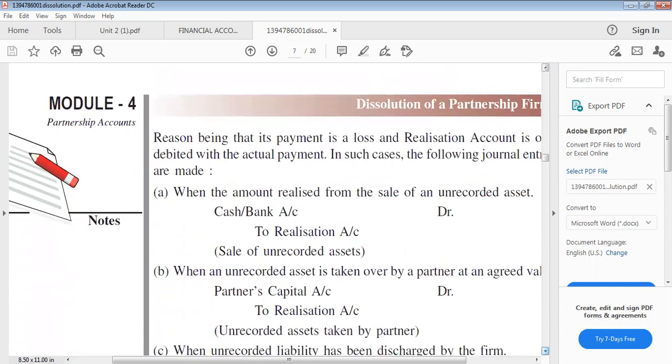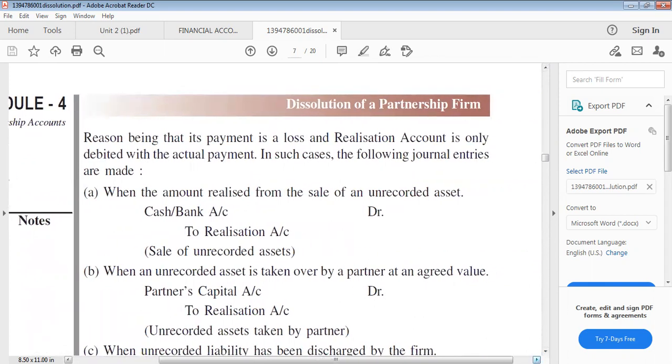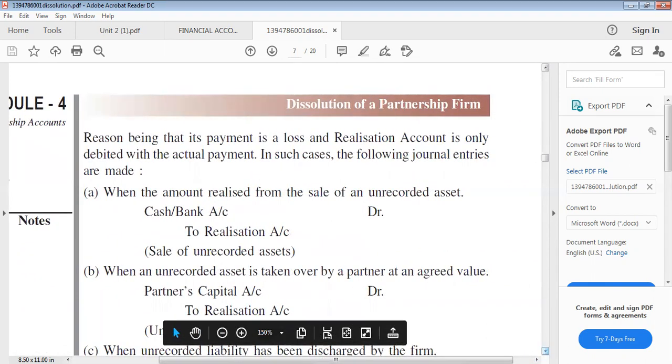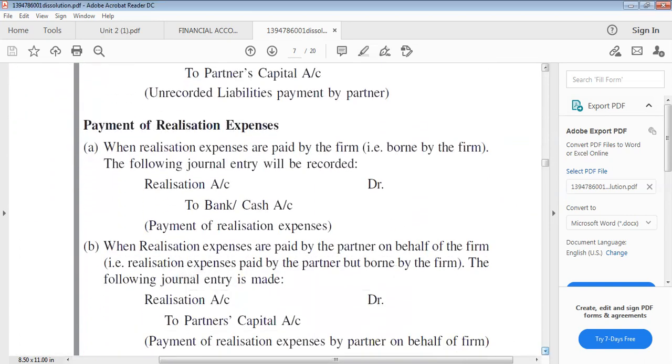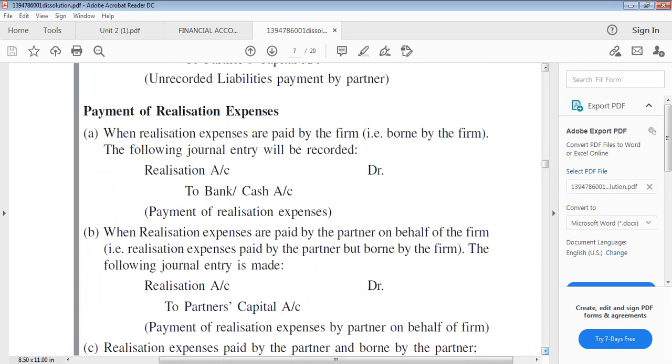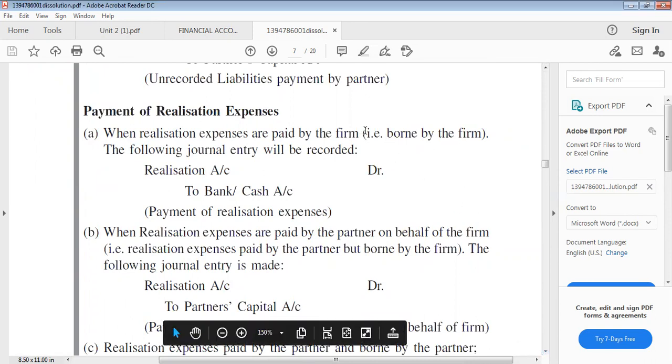So the only time the realization account is affected is when the actual sale has been made or money has been exchanged. We look at payment of realization expenses now.